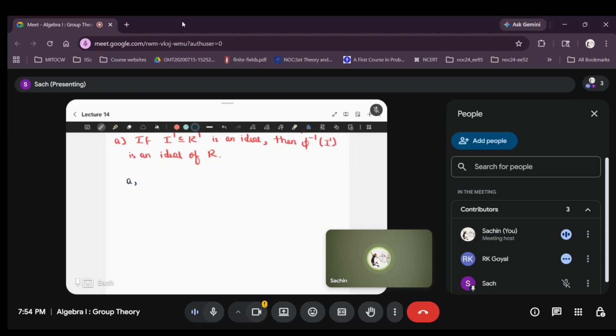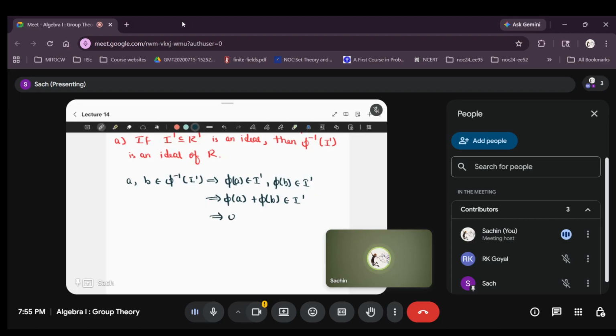So first we have to check closure. Suppose A and B belong to phi inverse of I prime. That actually means that phi of A is in I prime and phi of B is in I prime, right? These are elements whose image is in I prime. But then phi of A plus phi of B is in I prime because I prime is an ideal, so it is also an additive subgroup.